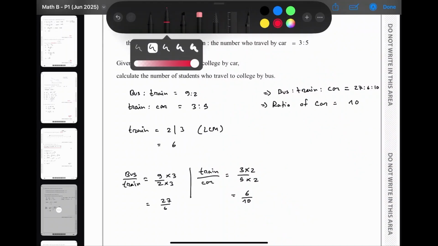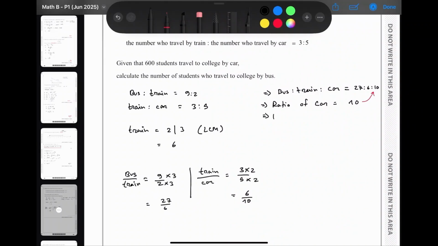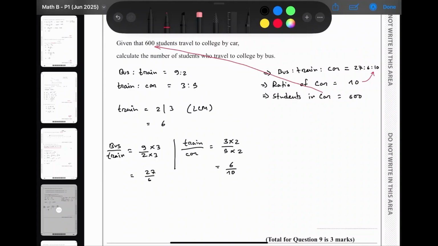We have also been given the passenger amount in car, so we can use this info to calculate further. We can divide these and get a constant passenger quantity per ratio that is applicable for all 3 vehicles. It is 60 students in our case.